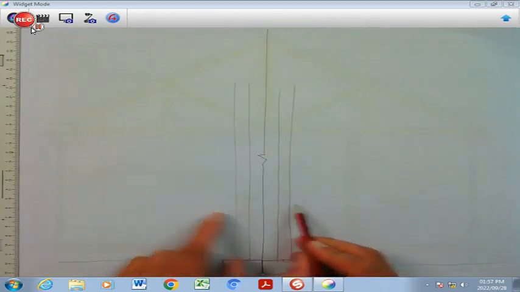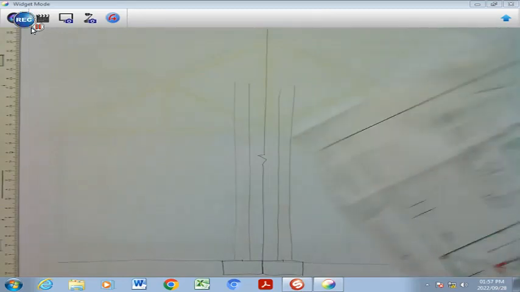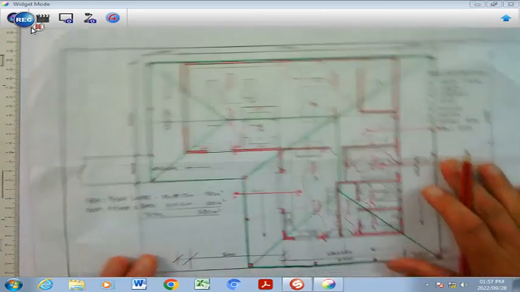And then from this part here, we need to measure where the pole is going to be for our support of the walkway roof.